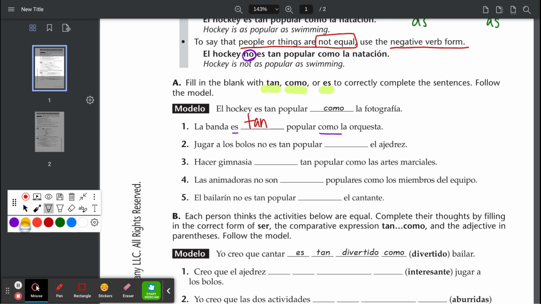Number 2, and this is our adjective. Our adjective is popular. Number 2, jugar a los bolos no es tan popular, blank el ajedrez. So we already have the word es, and we already have the word tan, so our missing word would be como.